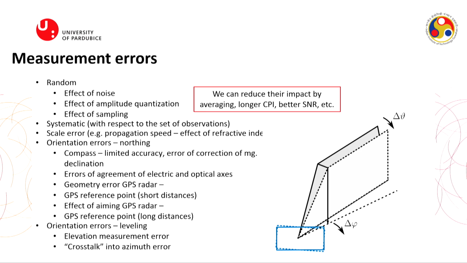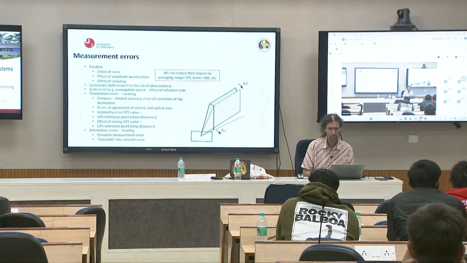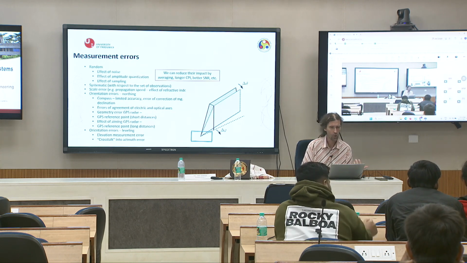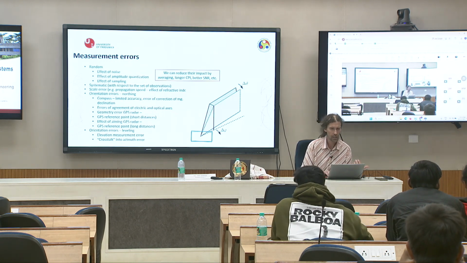Effect of sampling, because we do not sample at exactly the same time, there is also jitter. All these random effects I can relatively reduce by averaging, longer CPI, better SNR.